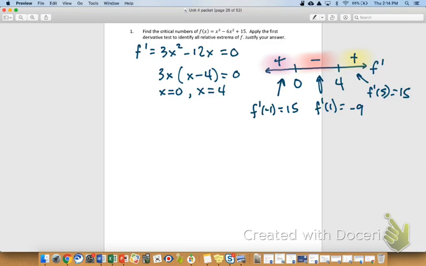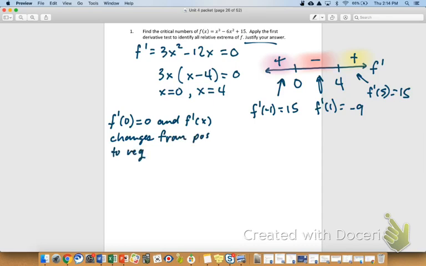And it does say justify your answer. I want to give you a nice example of how you could do this. So I'm going to say f prime of 0 equals 0, and f prime changes from positive to negative at x equals 0.